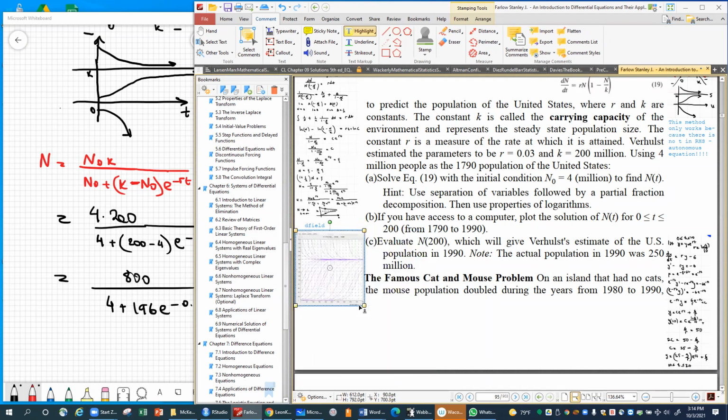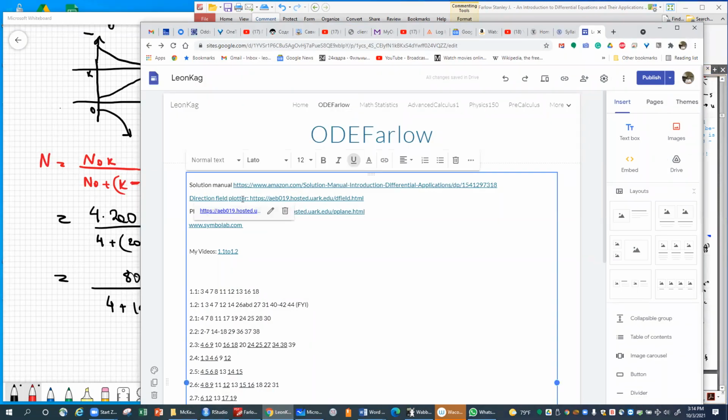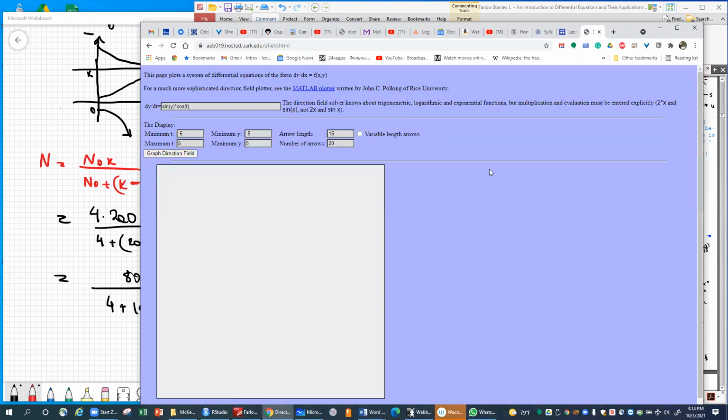So this plot, by the way, where do you get this plot? This plot you get here, a direction field plotter. So it's y and t.